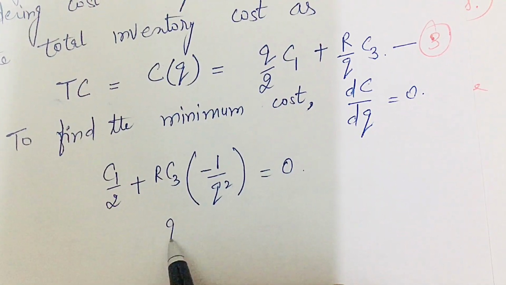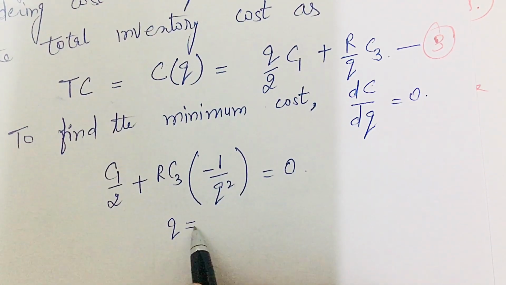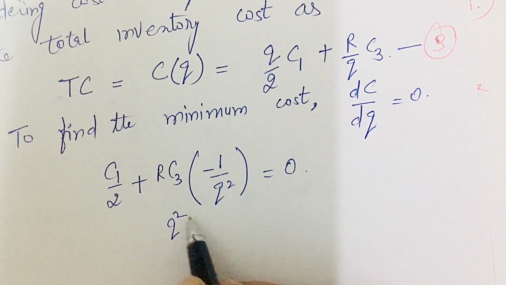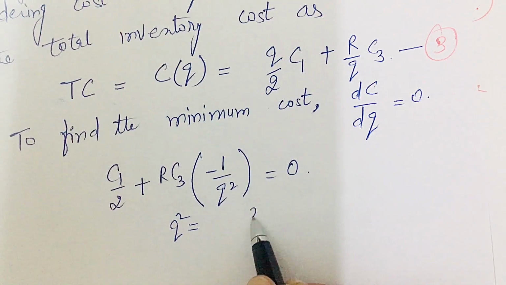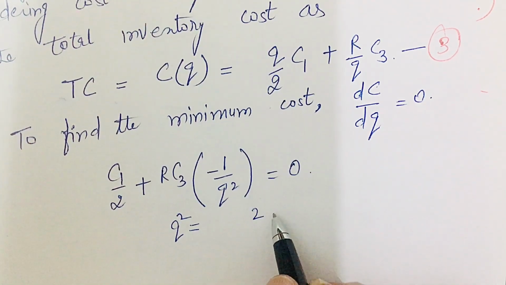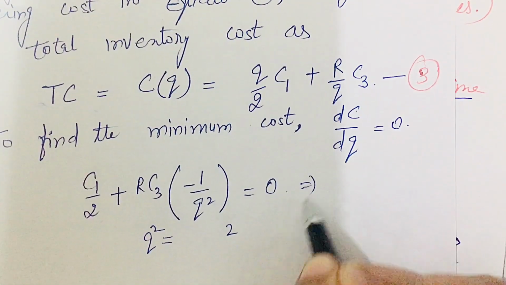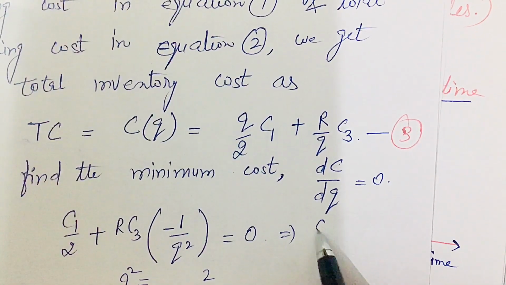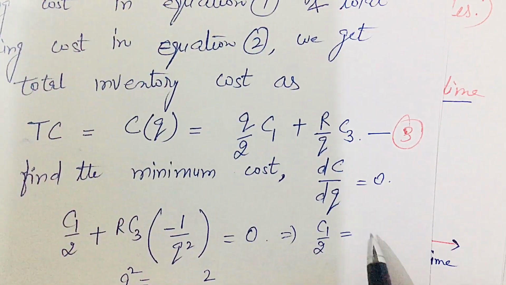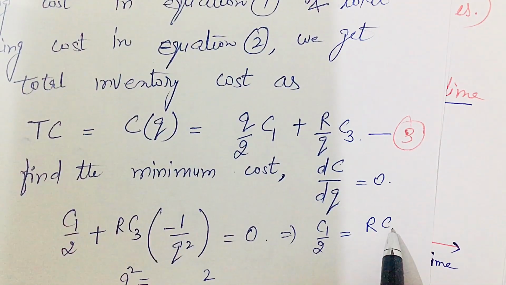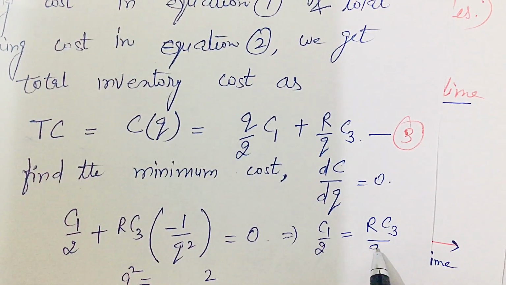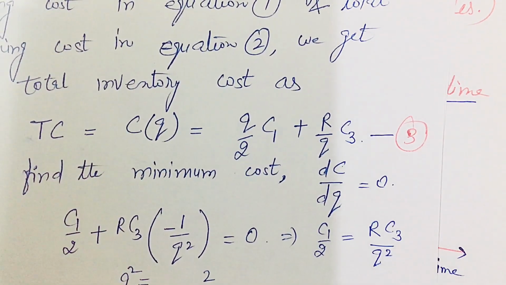C1 by 2 is equal to R into C3 by Q square.